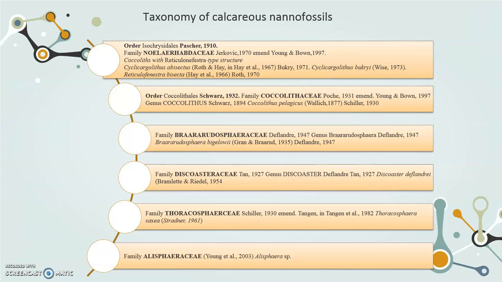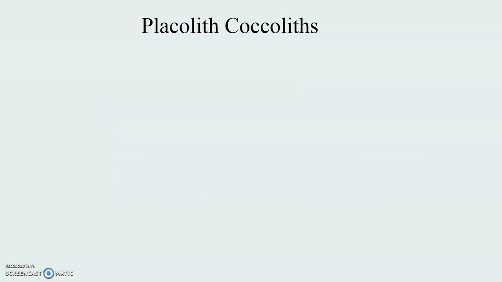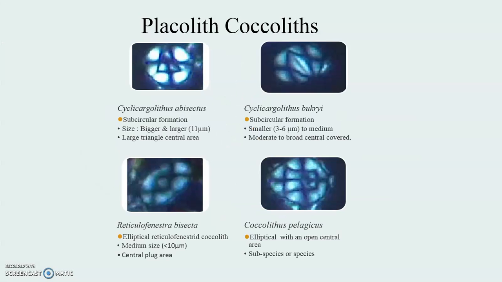So the higher taxonomic classification referred to Young and Bown 1997 and Young et al. 2005. So there are different orders and families with different species names. So this is the placolith remark, which covers the morphology features for each of the species.